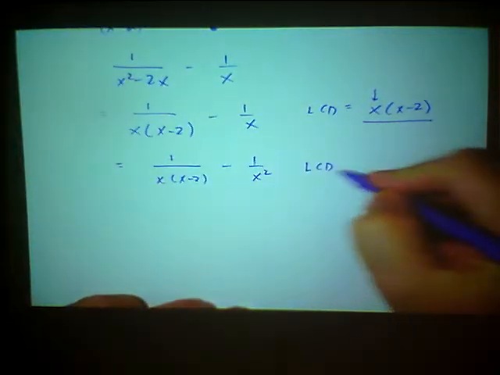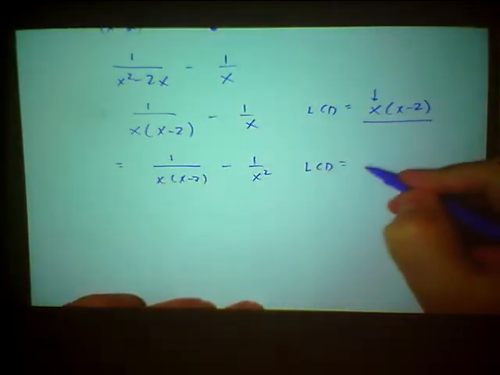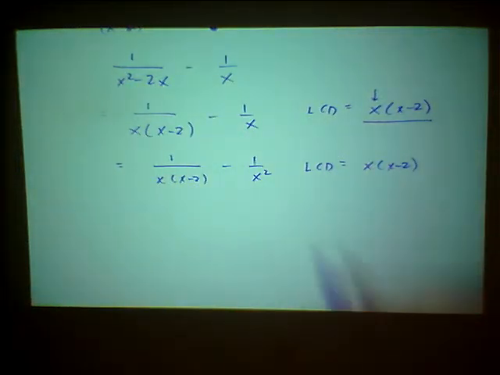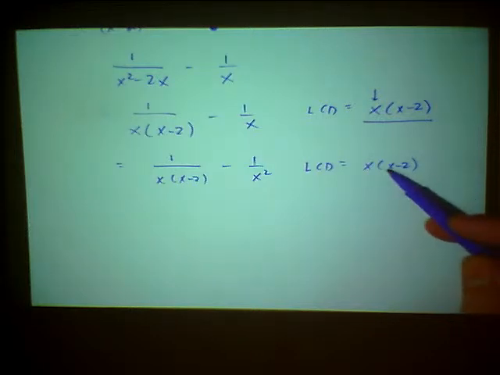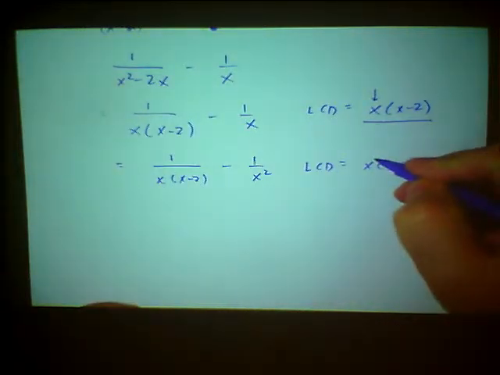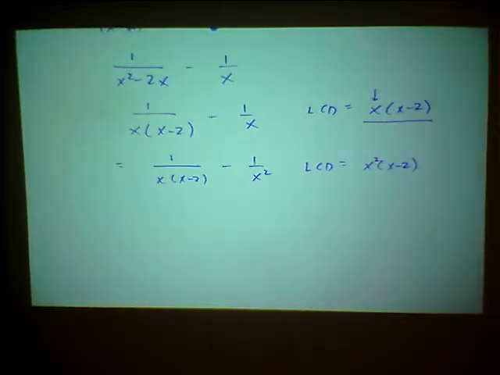Same steps. You write down the whole first denominator, and then I go look at my second denominator and I say I need to have an x squared in my LCD. And I go look, and right now I have an x. Well, that's not good enough. It needs to be x squared. So what do I do? I need to make that an x squared.